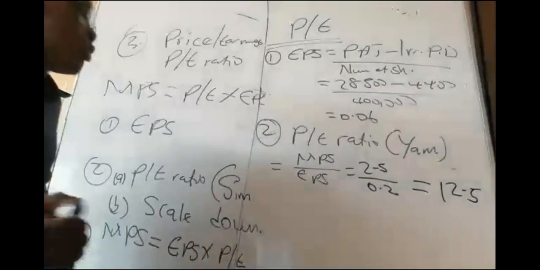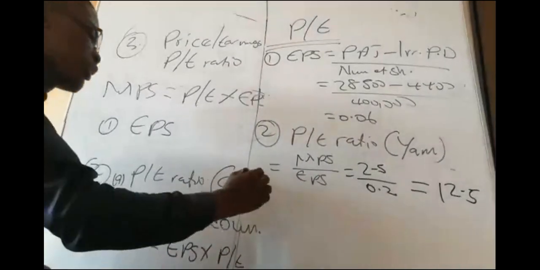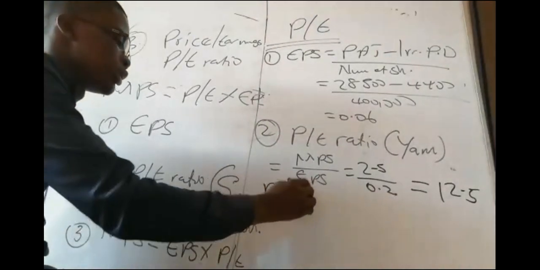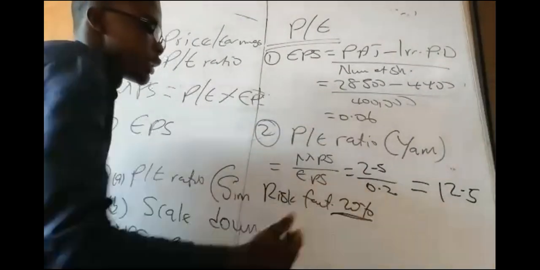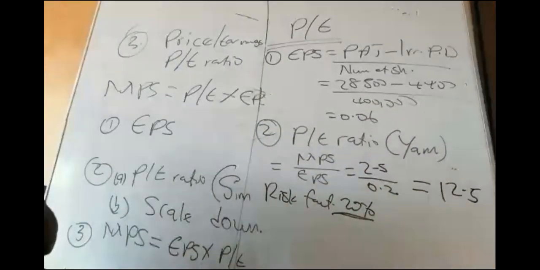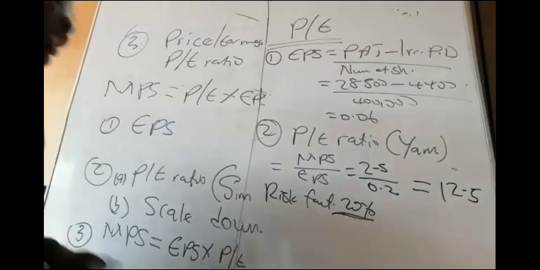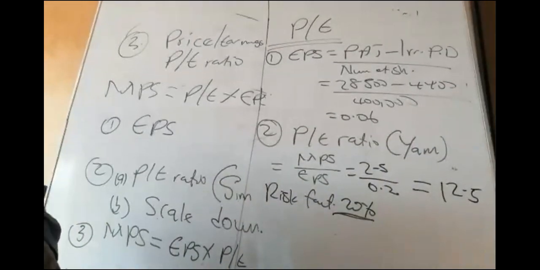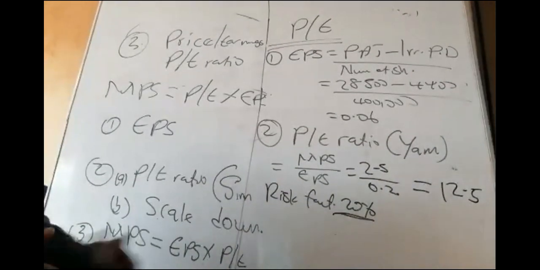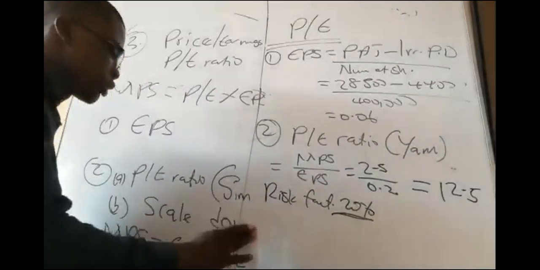Then you assume a risk factor, so I'm assuming the same 20%. Then you scale it down. If the risk factor is 20%, then the earnings must be reduced. So we scale it down.